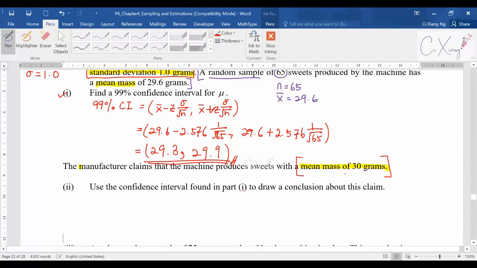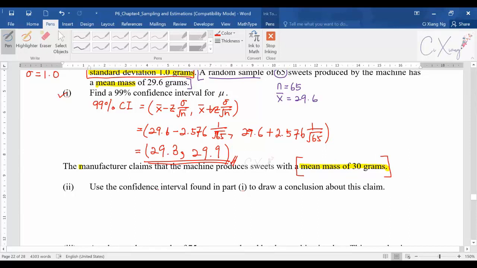When they want you to check a claim, there are a few ways. The first way is using the confidence interval. The second way is by running a test, which we are going to learn in chapter 5. But for now, because we only learned the confidence interval, we can use it to decide whether the claim is true or not.